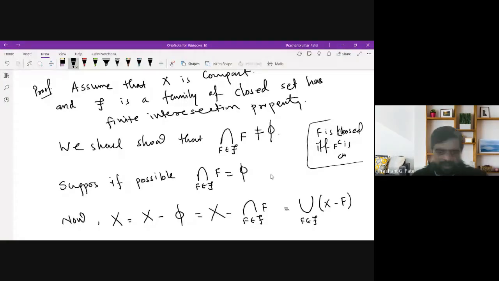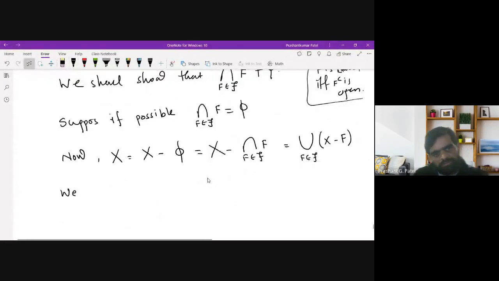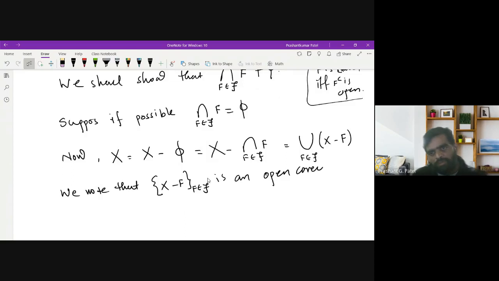So this family X minus F, where F belongs to script F, is an open covering of X. Why? Because F is closed implies X minus F is open, and it already covers X.